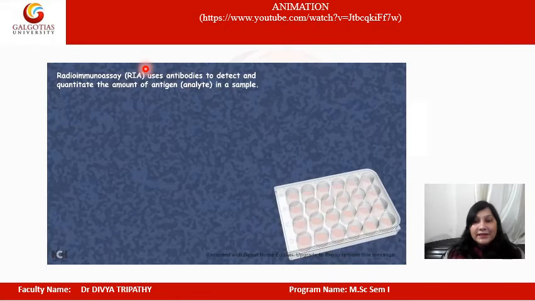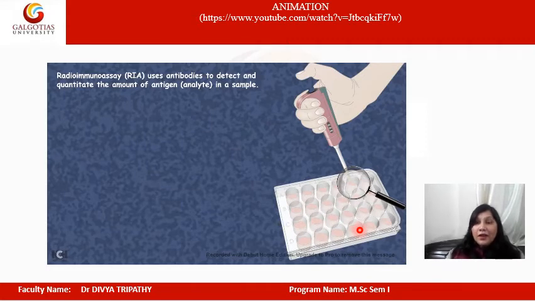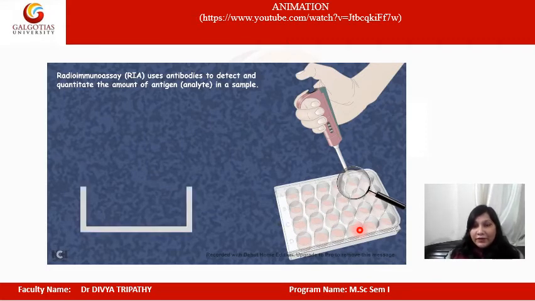Here is a multiple-well plate where you would add your sample that needs to be analyzed and where you want to know about its concentration. Let's look at one well to understand the principle in more detail. Let's say you want to detect an antigen A, and you ask the question: is this antigen A present in the patient sample or not?